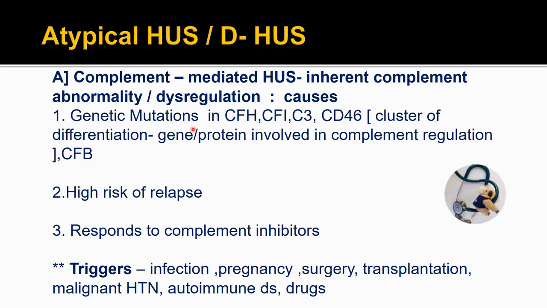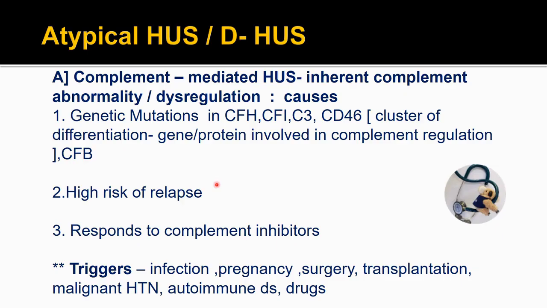These mutations occur in complement factor H, complement factor I, C3, CD46, that is a cluster of differentiation gene protein involved in the complement regulation, and then complement factor B. So these are the main complement factors where the gene mutations occur and lead to the dysregulation of the complement.